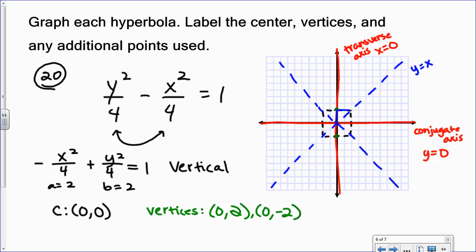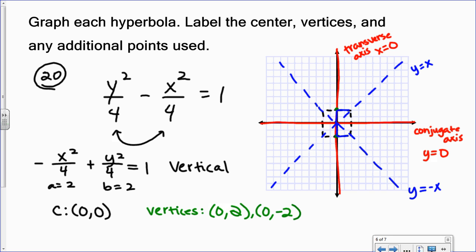So 1x. And then what's my y-intercept? 0. So plus 0, which just means y equals x. And then for my second asymptote, y equals negative x. So down 2 and right 2 is negative 1. So negative 1x plus 0.